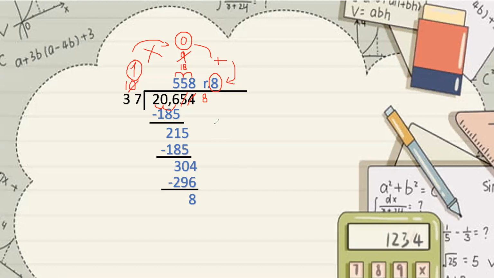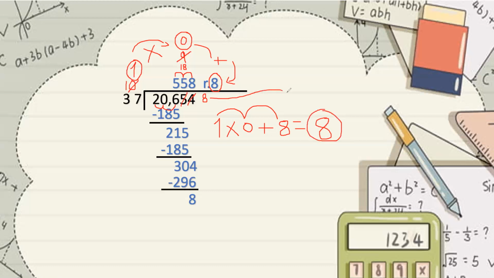Okay, let's do it. 1 times 0 plus 8 equal, let's see, 1 times 0, 0. 0 plus 8, 8. So this is my final exceed.